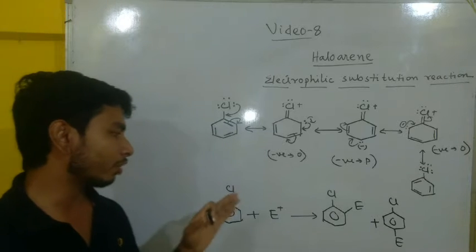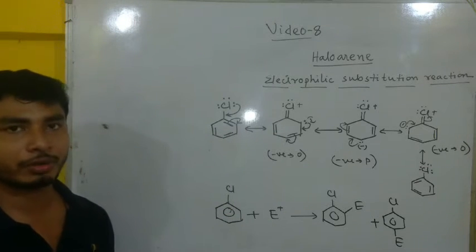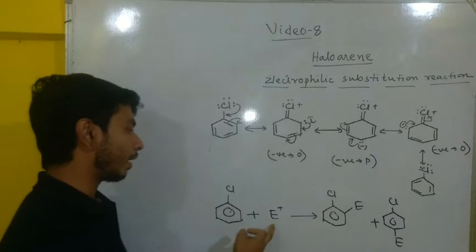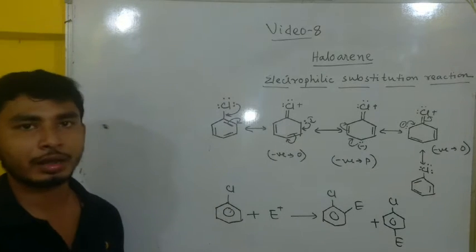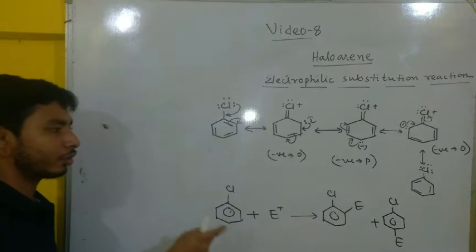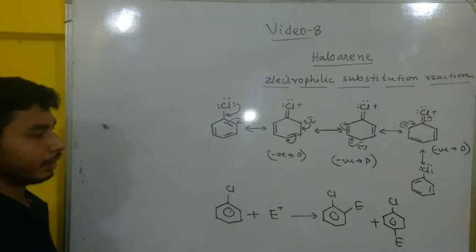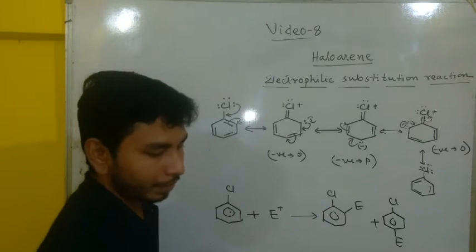This is because ortho and para positions are electron rich as compared to the meta position, and electrophile always prefers the electron rich position. So electrophilic substitution reactions of chlorobenzene take place in the ortho position and para position.